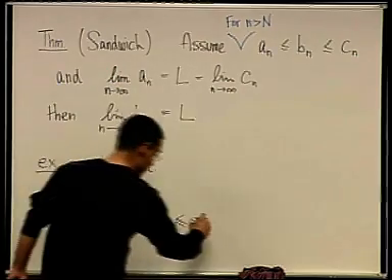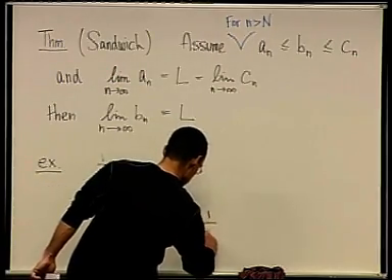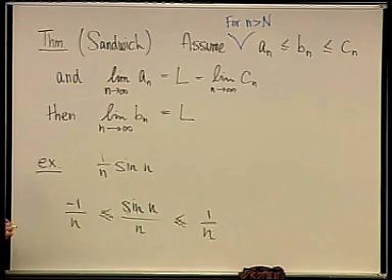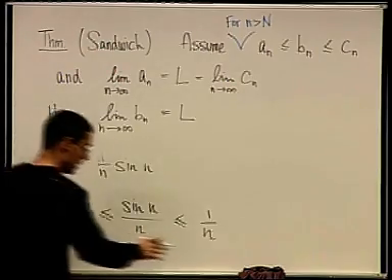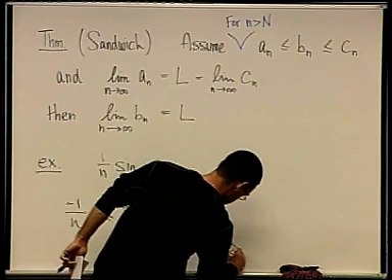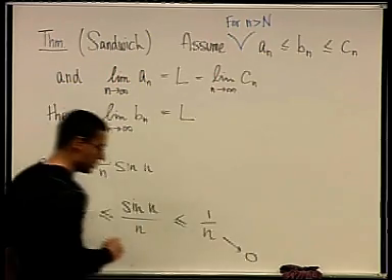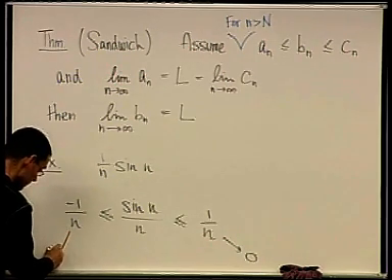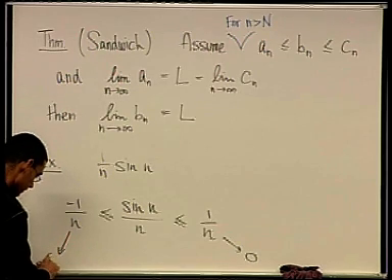So sine n over n is between -1 over n and 1 over n. Do you agree to this? Everybody? And now we can sandwich it. 1 over n goes to 0 as n goes to infinity. That we know. What about -1 over n? Also, why? Convince me.